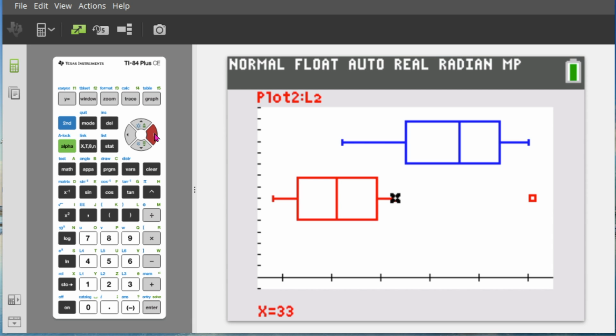So I'm going to make a little note that 33 is the end of my whisker, because I'm going to need that when I draw. And my max is actually over here, that looks like an outlier to me, and that's 61. And I believe that is an outlier.